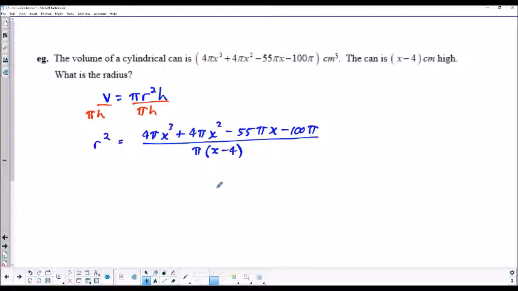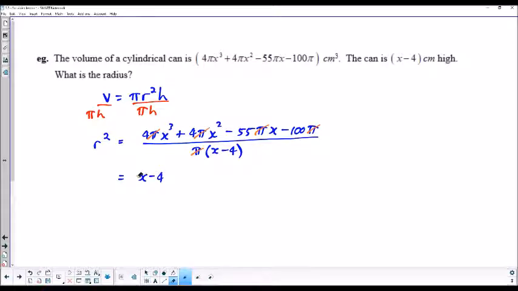All right, so first things first, I see that in every term here there's a pi, so that will just simplify down with a pi there. I could have factored the pi out, but that's an extra step I'd like to avoid. And then for the radius, we've got to divide. So x minus 4 divided by this.